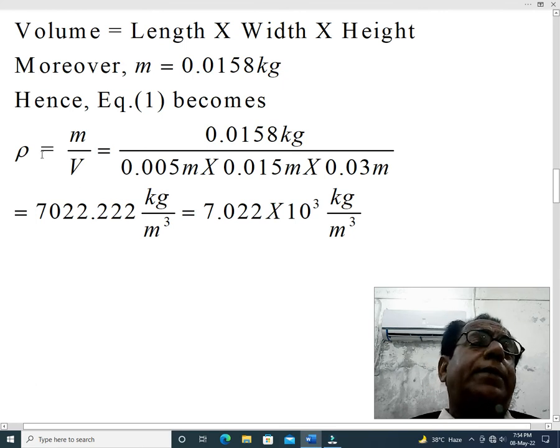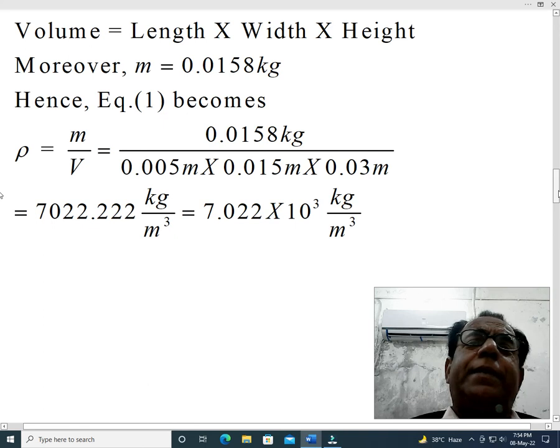Now dear students, we have found the density of the given piece of gold, which has become equal to 7.022 into 10 raised to the power 3 kilogram per meter cube, while we know that density of gold is 19.3 into 10 raised to the power 3 kilogram per meter cube. Density of gold is 19.3, while it has become very less, about 1/3 of the density of gold.